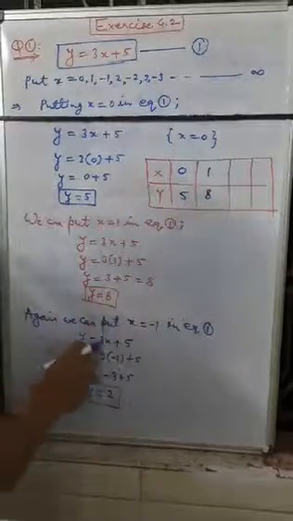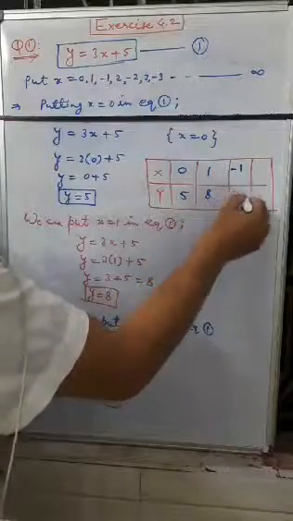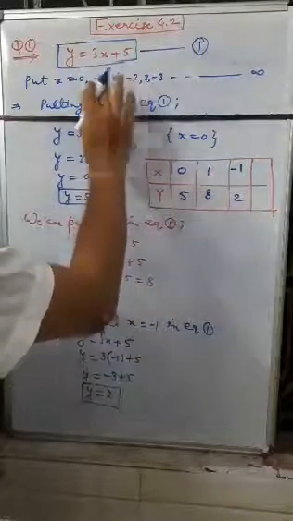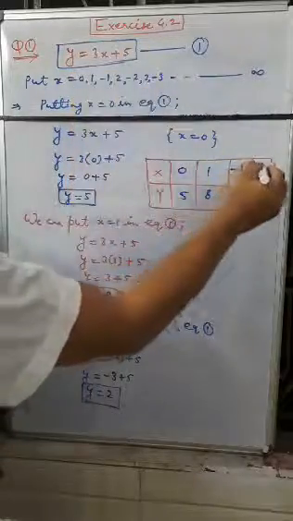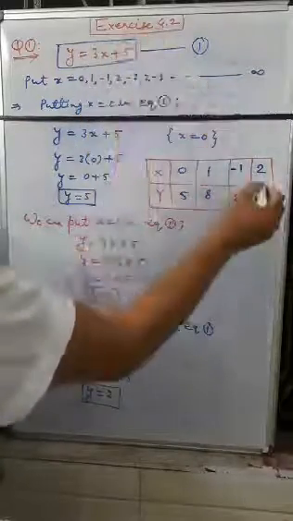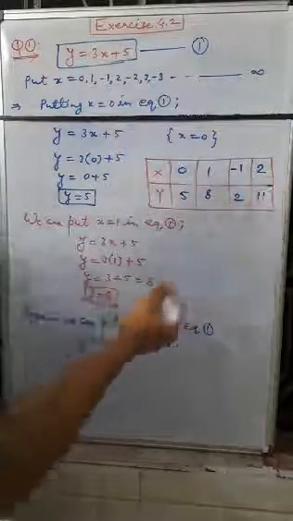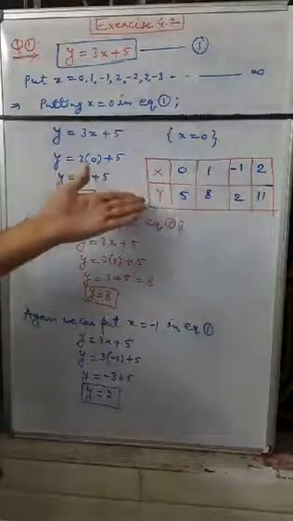Now x is equal to -1 you are putting, so you got y is equal to 2. If you are putting 2, 3 twos are 6, 6 plus 5 is 11. So when we are putting the value of x, definitely we are getting the value of y.